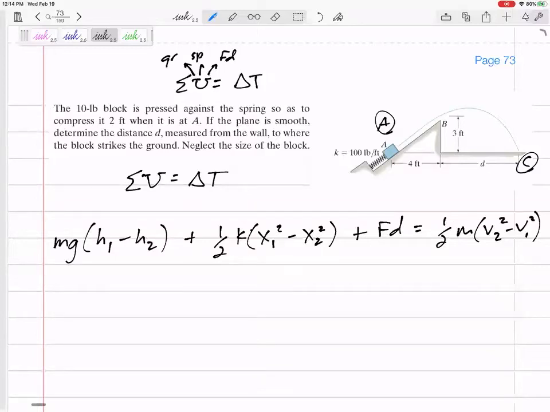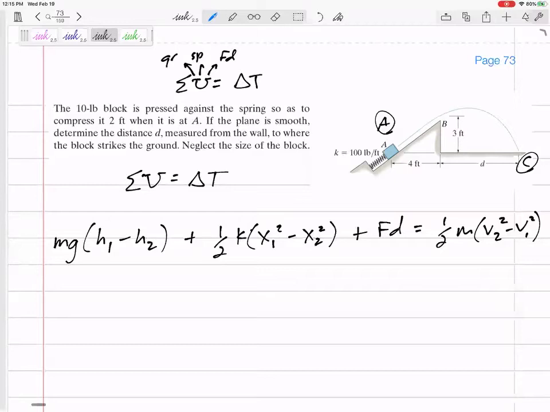That wouldn't give me any distance D. This distance D is not the same distance D. This is a distance if a force does some work on it. So not all D's are in our equation. That X distance is not in our equation. Okay, so we can't use work energy to find that distance D.